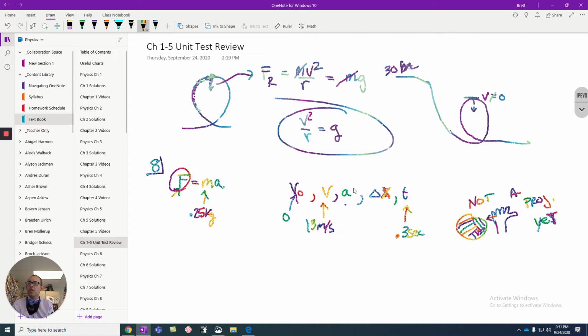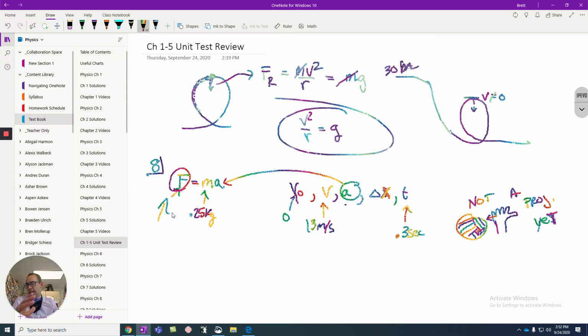Well, I'm going to have to use the kinematics to find acceleration to then find my force. I want you to understand that the acceleration of an object is the connection between force and kinematics. That's all that this question's about. Don't get hung up on it being a projectile once it leaves his hand.